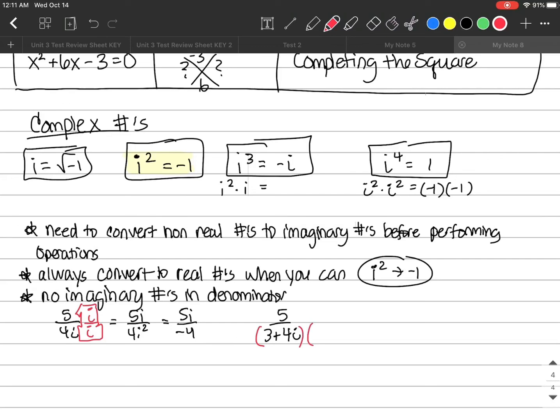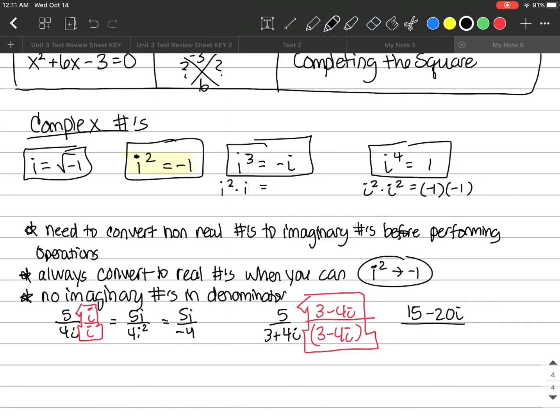So I'm multiplying by the conjugate, 3 minus 4i, in the top and the bottom. This is a giant 1 that I multiply by, so I can get rid of the imaginary numbers in the bottom. In the top, I'm going to have 5 times 3, which is 15, and then 5 times -4i, which is -20i, all over the bottom.